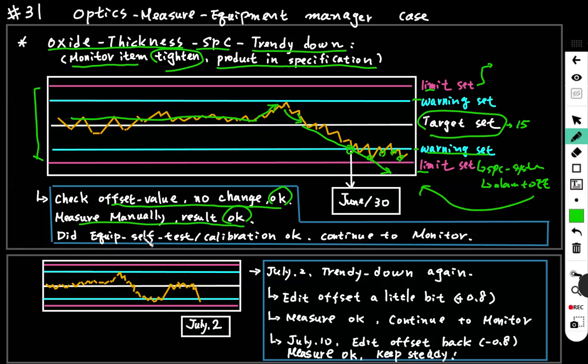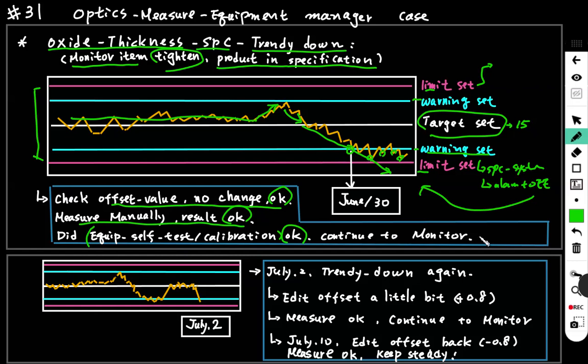The engineer did equipment self-test and self-calibration. Okay, without any alarm. So the monitor result went back to steady.